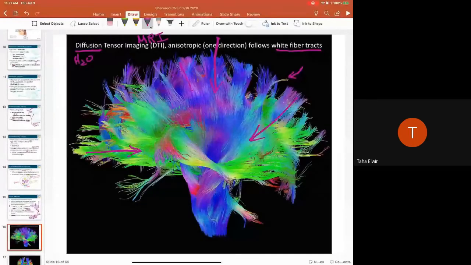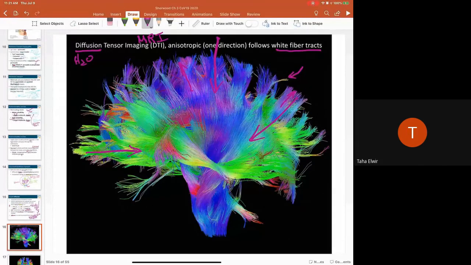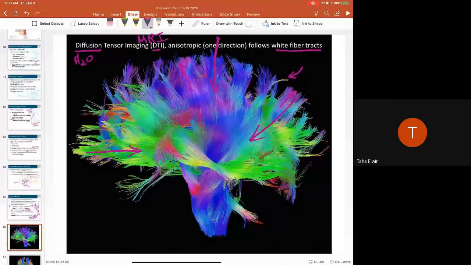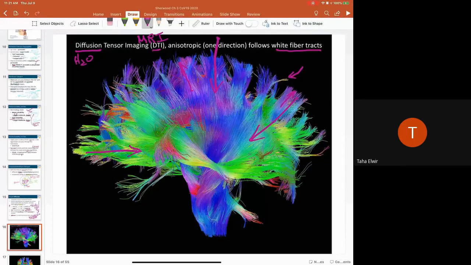You get into the oblique angles, kind of slightly off to the side, then you've got the magenta. And what they're doing is, first of all, they know where the normal pathways are. And then they look at this diffusion tensor imaging or DTI, and they're looking for abnormalities in the planes and how the water is moving.